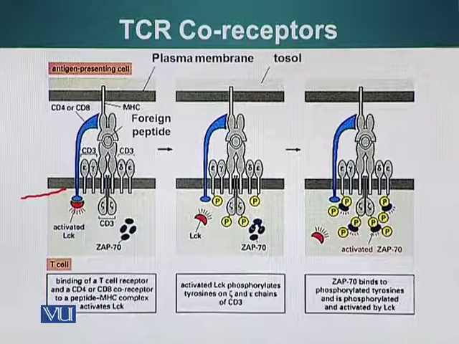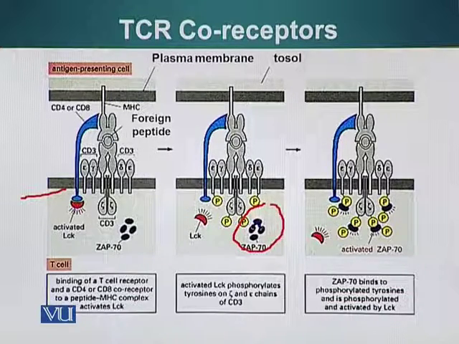It gets activated. LCK protein phosphorylates the cytoplasmic domains of the CD3 cluster and the zeta chains. Once they are phosphorylated, ZAP70 binds these phosphorylated regions of CD3 clusters and zeta chains. At this site, the LCK again phosphorylates the ZAP70 protein molecules.